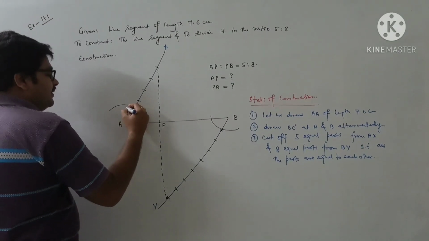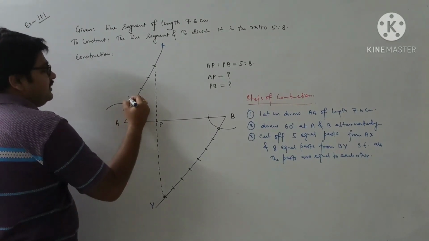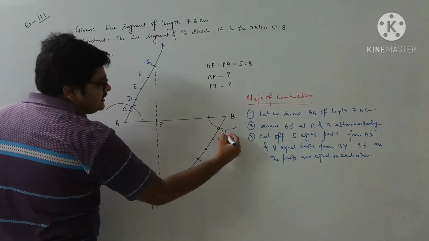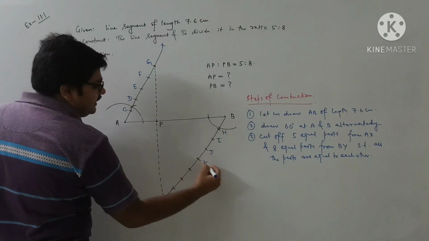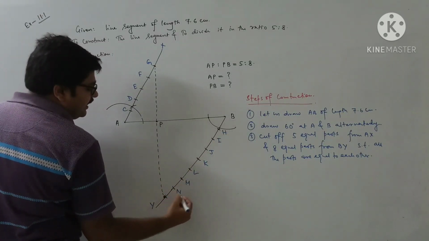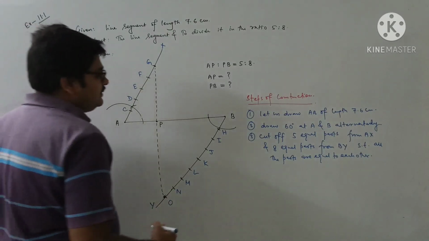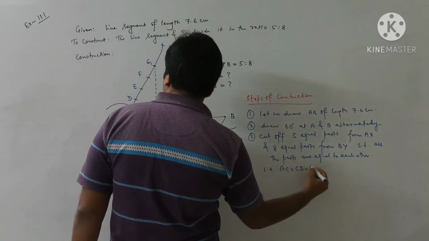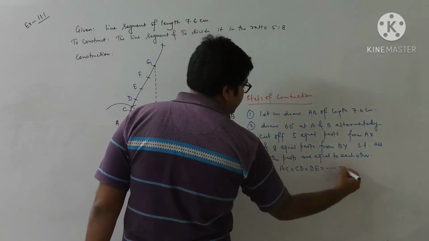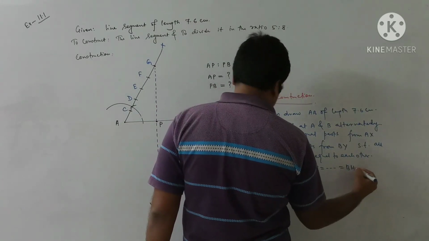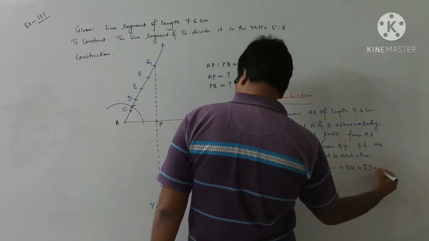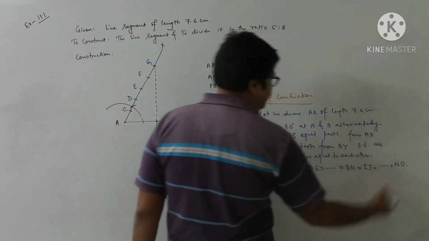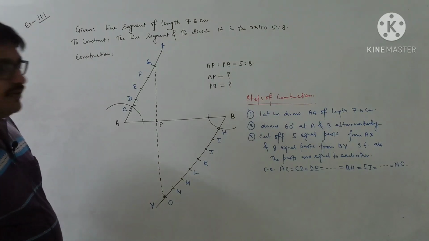Here we give the names C, D, E, F, H, I, J, K, L, M, N, O. That is, AC equals CD equals D, like that, equals BH equals IJ, like that, NO. All of it you need not write. That means all those parts are equal to each other.